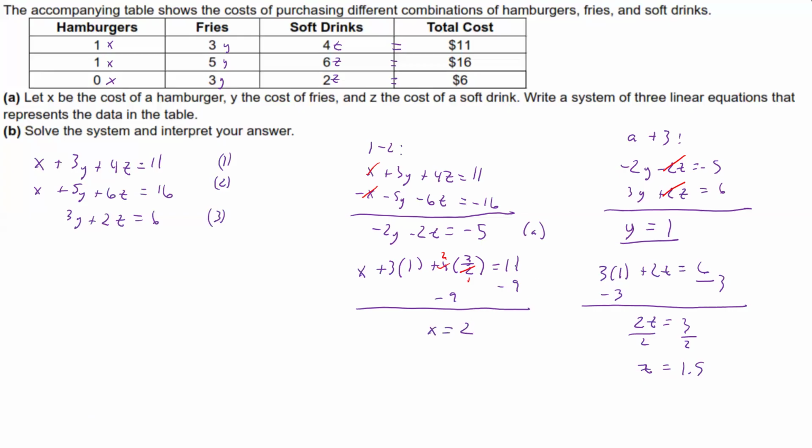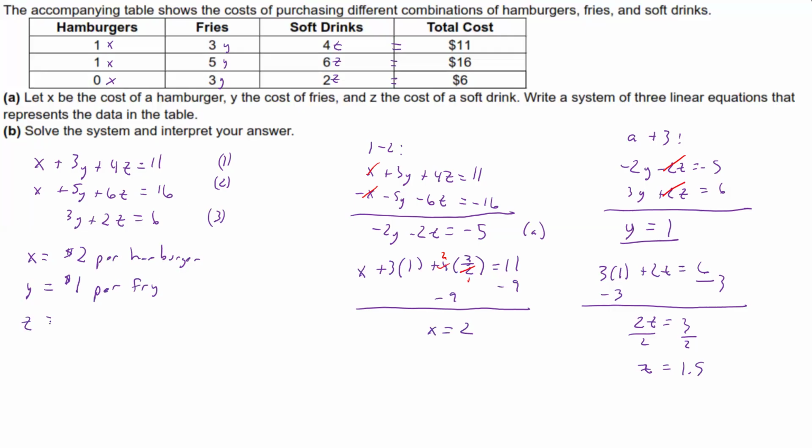Now we have to solve and interpret. So x is equal to $2 per hamburger. Y is equal to 1, so it's $1 per fry.